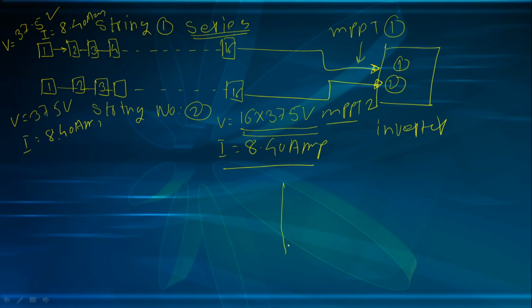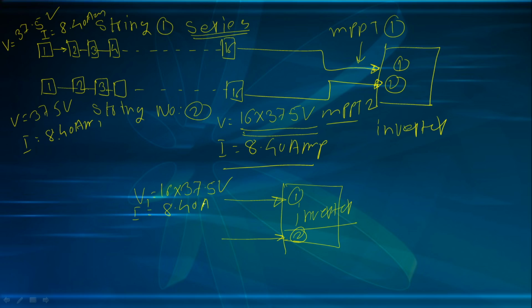Once again, when we draw the diagram on this side, this is the inverter we are selecting, our Sungrow inverter. This is our MPPT input number 1, and this is our MPPT number 2. The voltage of string 1 is equal to 16 multiplied by 37.5 volt, and the current is equal to 8.40 ampere.